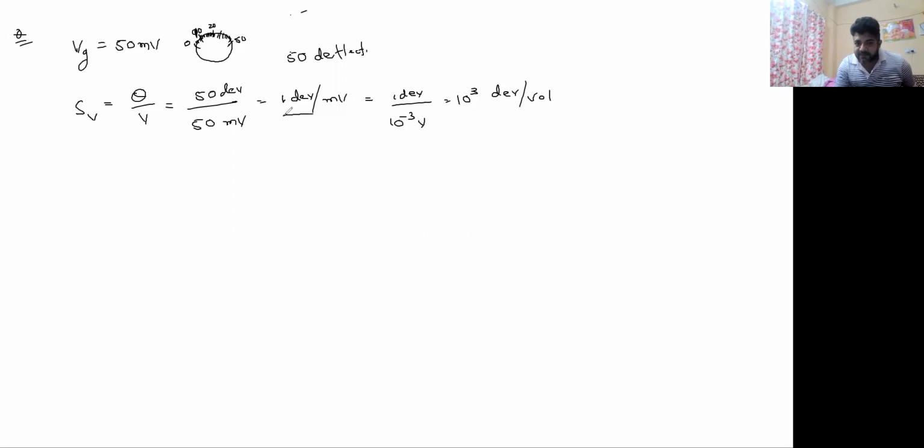Both are the same thing: one deflection per millivolt, or 10 to the power 3 deflection per volt. You understand the pattern? Sometimes some students are confused, that's why I'm saying. Is it okay? Yes, sir.